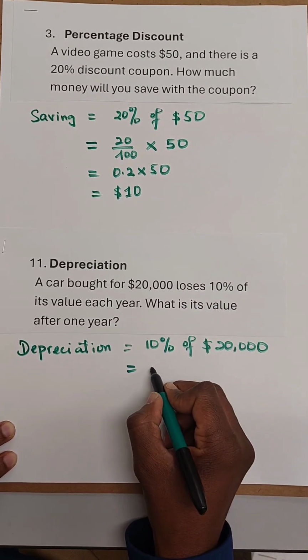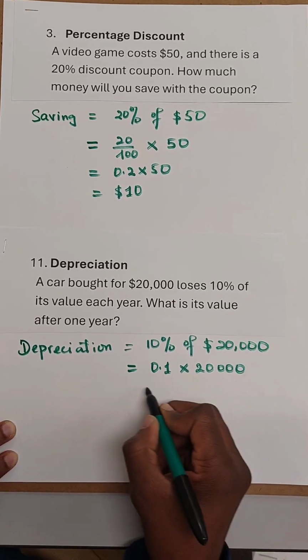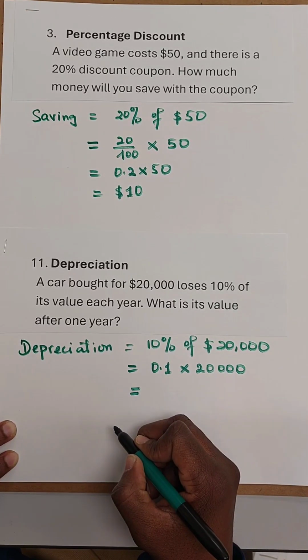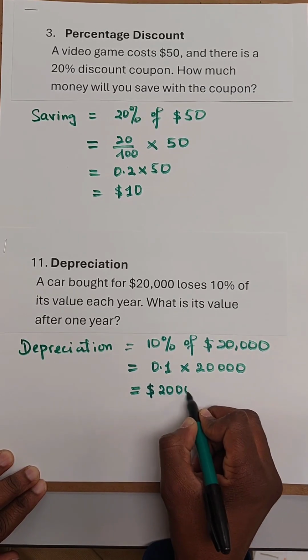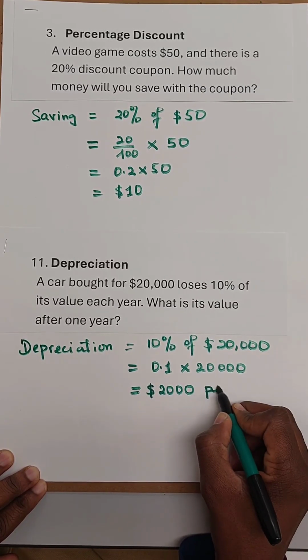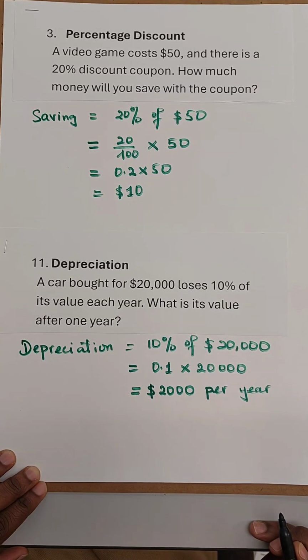So 10% is 0.1 times 20,000, and so it depreciates by $2,000 every year. Depreciation: $2,000 per year. So the car is losing $2,000 per year.